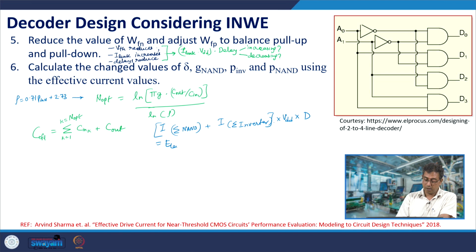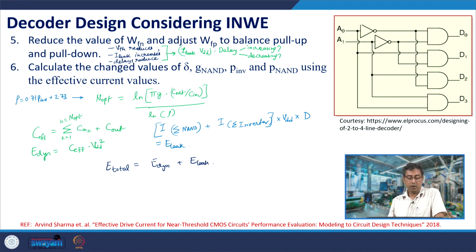So, that gives me leakage energy, and dynamic energy is given by C effective into VDD square. So, total energy is given by dynamic energy plus leakage energy. So, now we do this exercise.